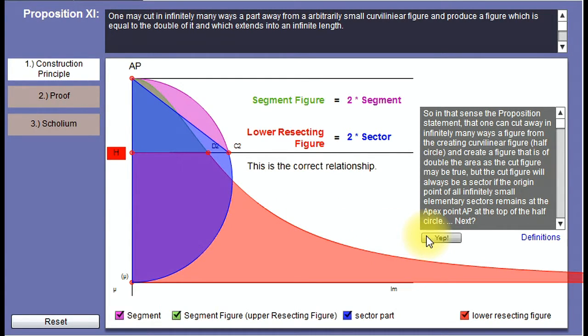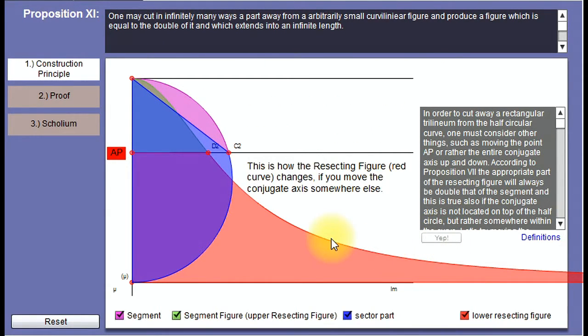So what happens to the resecting figure or resecting curve, first of all, when we place the conjugate axis somewhere else? So I'm now using this little handle here and constituting this ordinate as the conjugate axis.